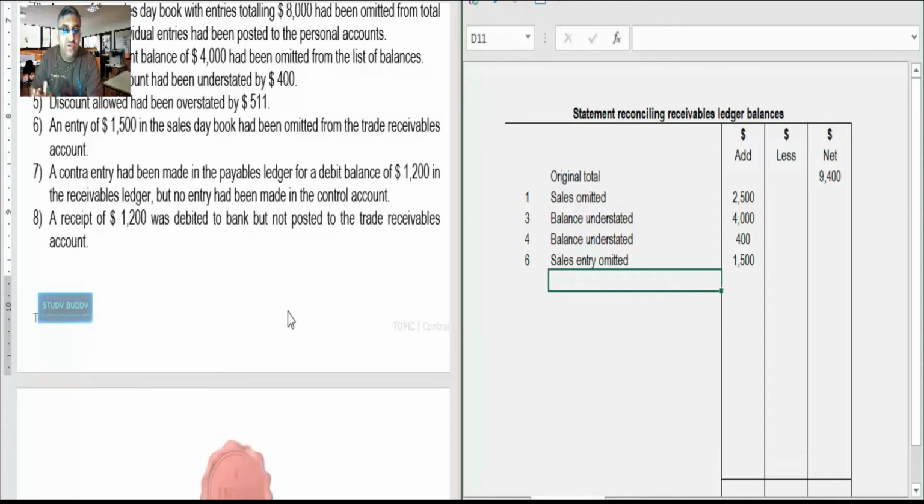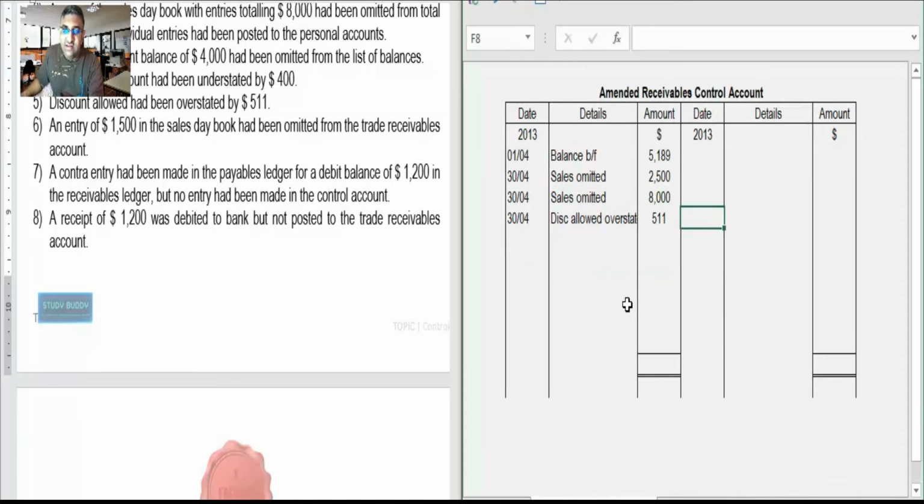If we forgot to make the entry in the control account, in other words, the entry was omitted from the general ledger, the correction is to be made only in this amended receivables control account. Hence, we just credit the amended receivables control account by $1,200 on the 30th of April. And this is the contra entry omitted.